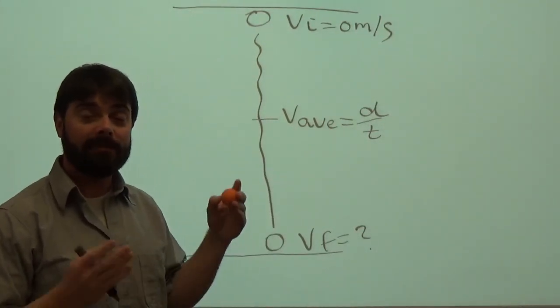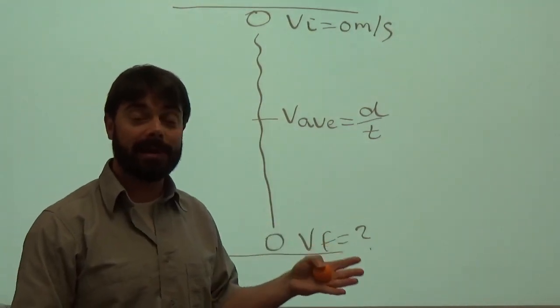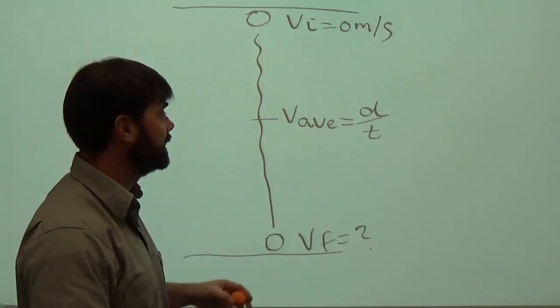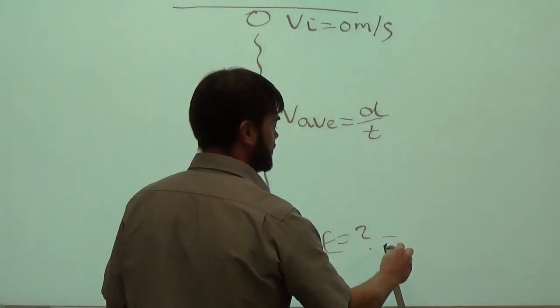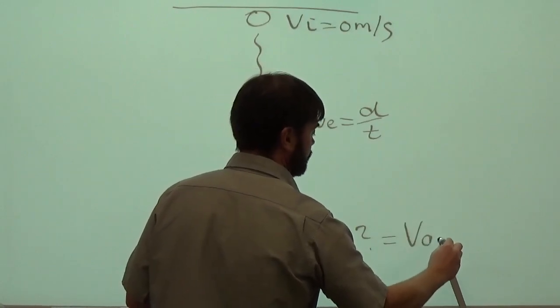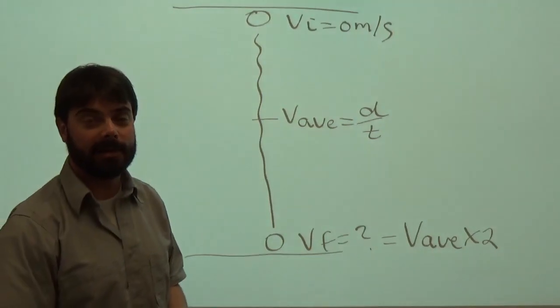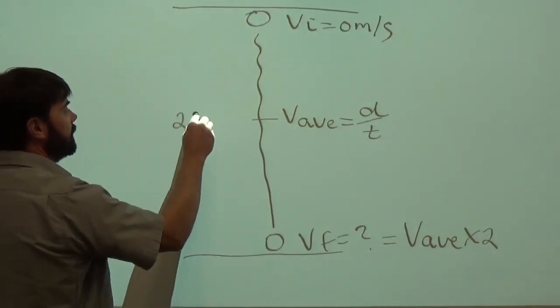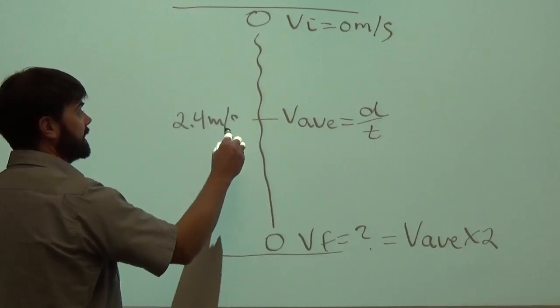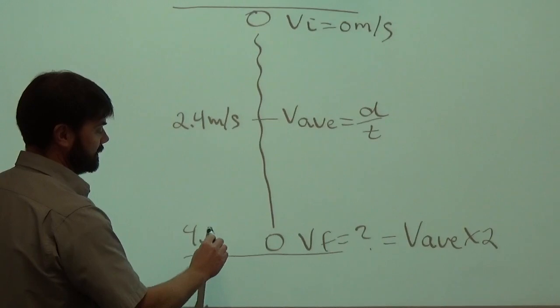However, when we have constant acceleration, and we do have constant acceleration because we're dealing with gravity, whatever the velocity average is, you can just double that and you will have the velocity final at the bottom. So for example, if this is equal to 2.4 meters per second as a velocity average, when it gets to the bottom, it's going to be equal to 4.8.